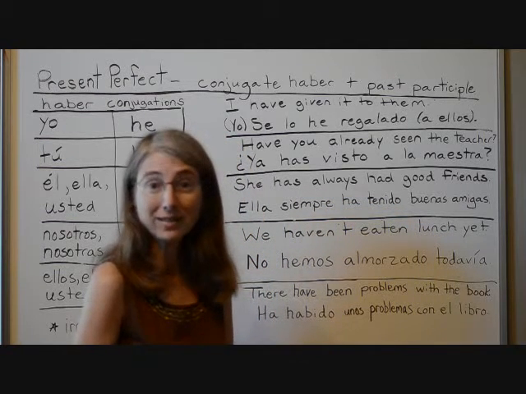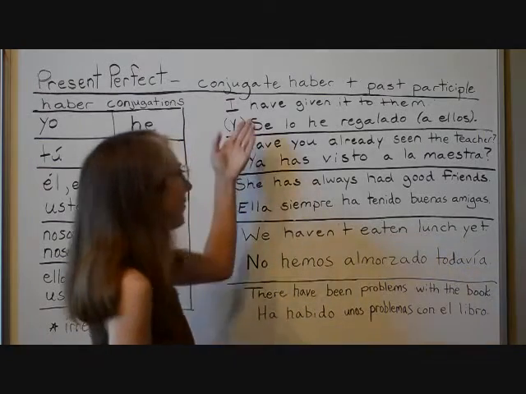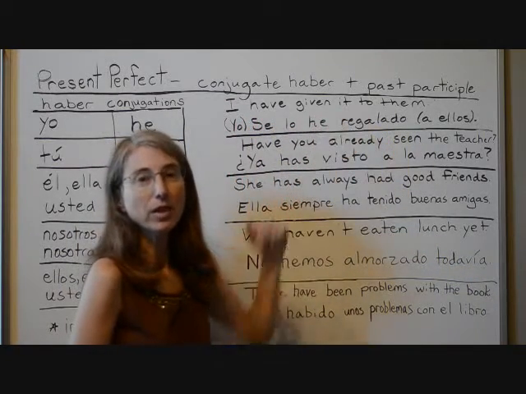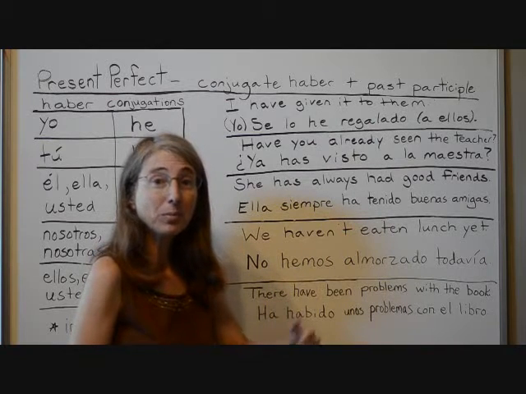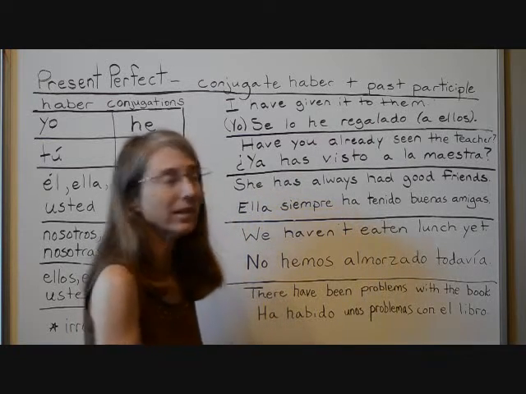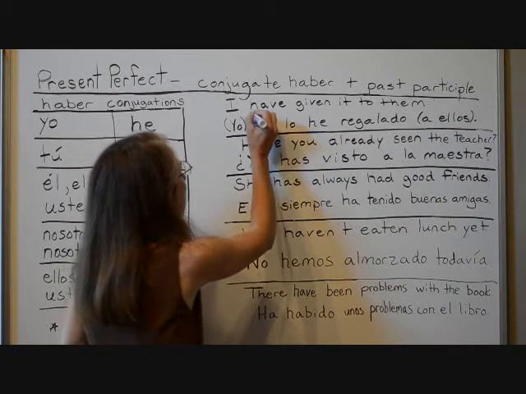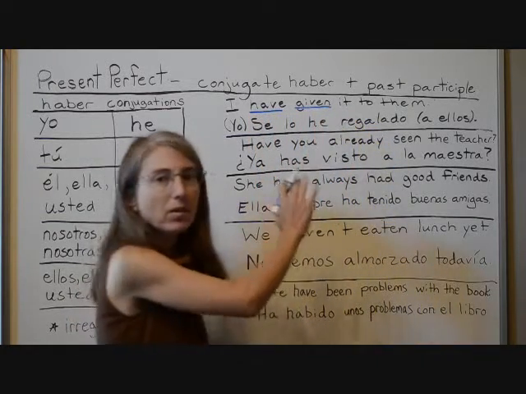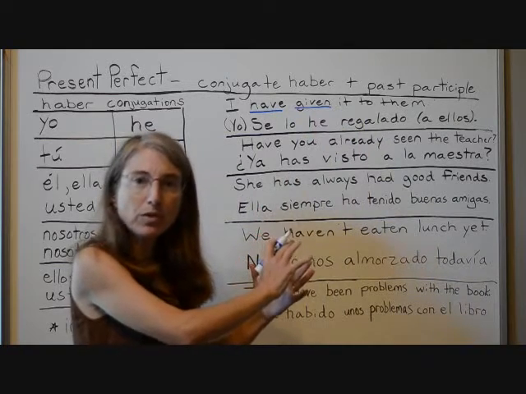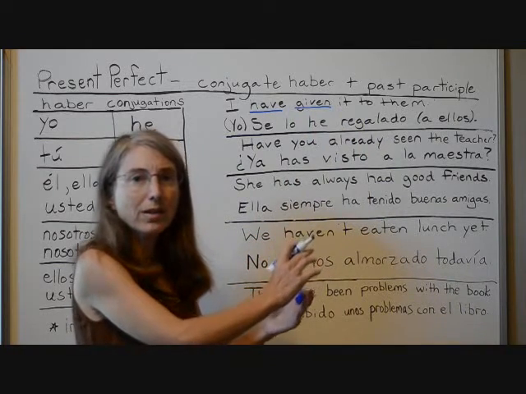So let's take a look at an example in English. I have given it to them. And in English, the present perfect is have given. Okay, and given is the past participle of the verb to give.